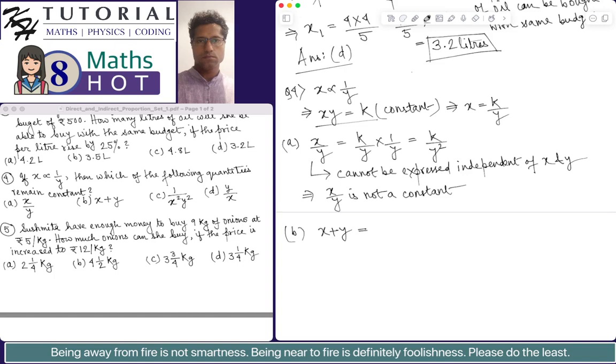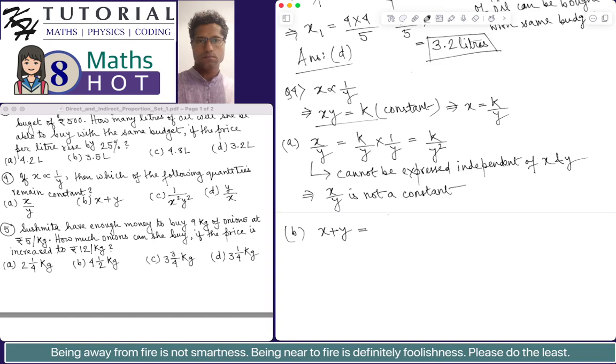When the question is which of the following quantities remain constant, remain constant means which of the following quantities can be expressed as a constant, that is in terms of k and maybe any other constant values, but it should not contain the quantity x and y. So this x plus y, definitely we cannot simplify it to a form where it will not have x and y.